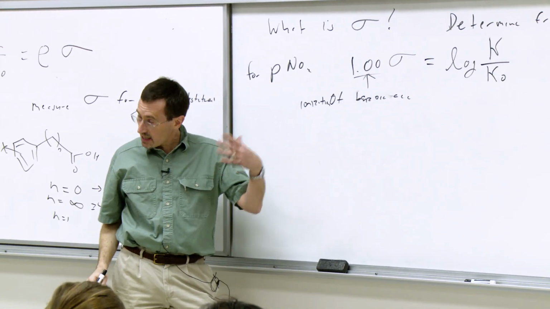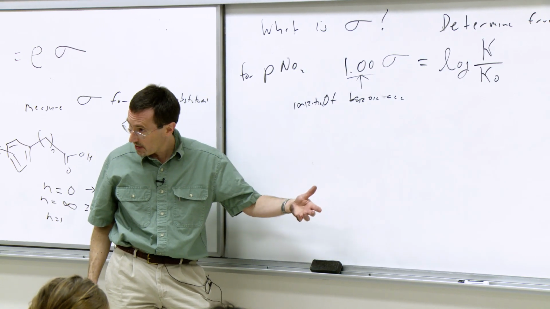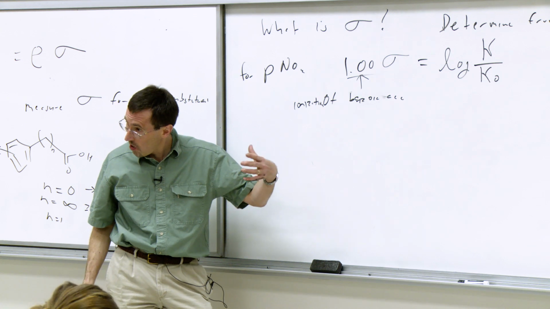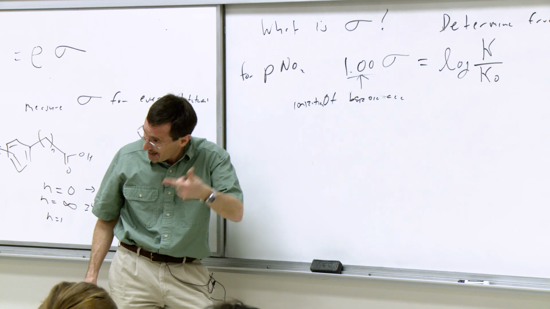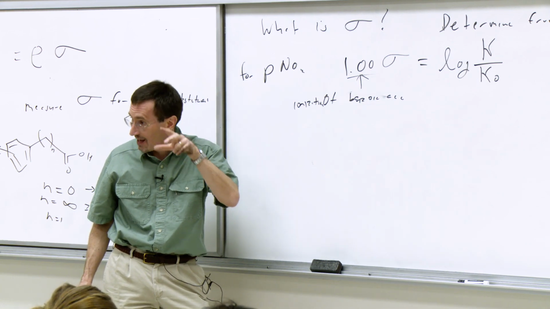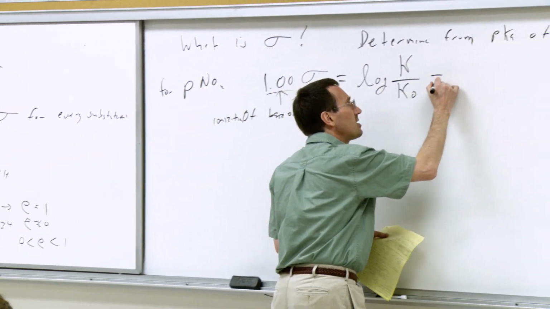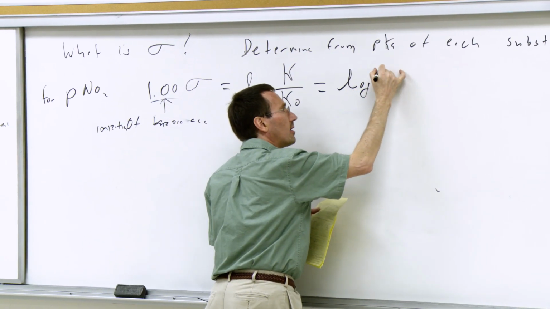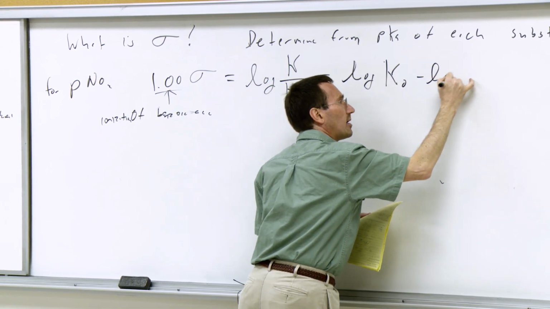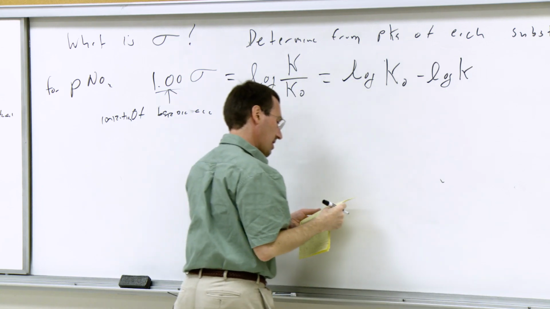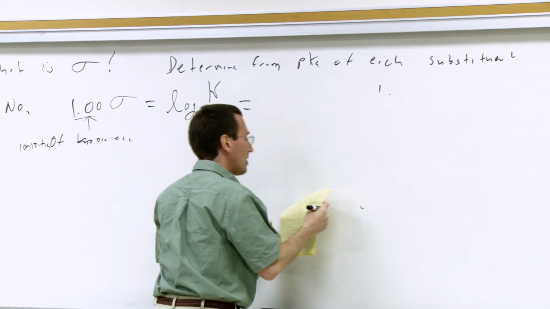K naught is the equilibrium constant for the dissociation of benzoic acid, right? Negative log of K naught is the pKa of benzoic acid. So that's just going to be log of K naught minus log of K. Whoops, I'm sorry, I got ahead of myself here.